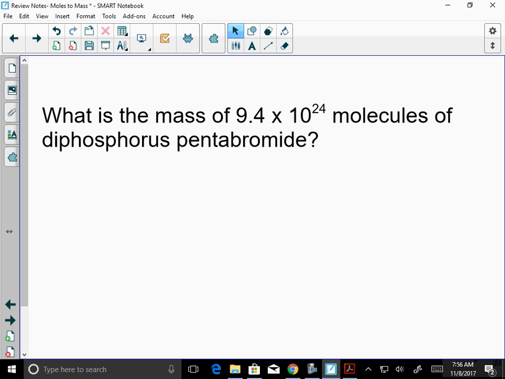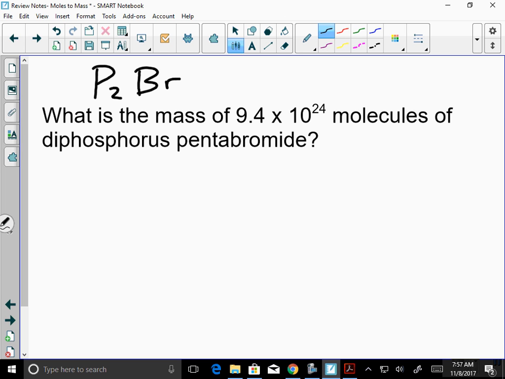So once again, I start off with writing the formula, which is diphosphorus. It looks like I have prefix method this time. Diphosphorus pentabromide. What's penta? 5. So there is my formula.